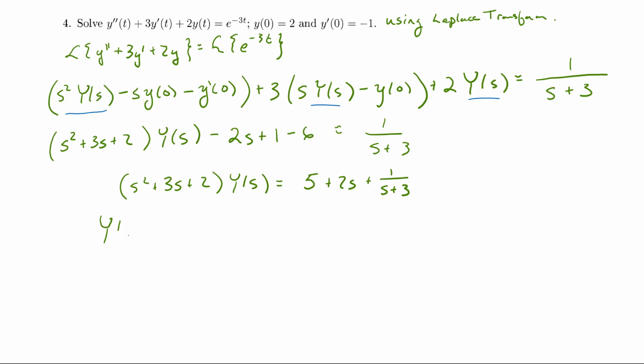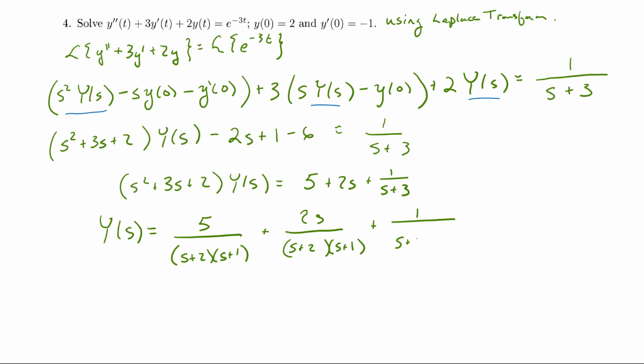So the next thing we're going to do is solve for y sub s. So we get y sub s is equal to 5 over, and factoring that expression, we get s plus 2 times s plus 1, plus 2s over s plus 2 times s plus 1, plus 1 over s plus 2 times s plus 1 times s plus 3.